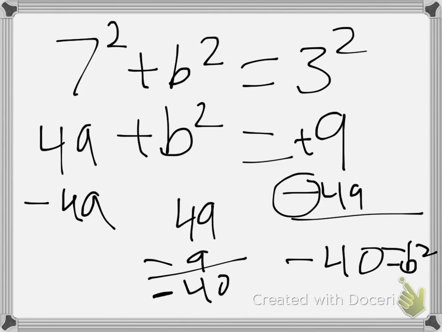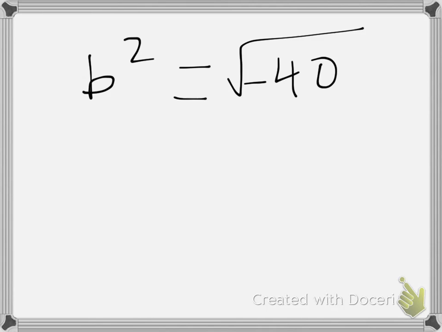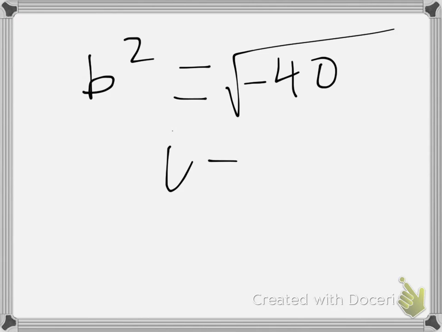So now we have B squared equals negative 40, so we need the square root of negative 40. In Algebra 1 and lower levels, this is just the final answer. It has no real solutions. So you're not going to get any real number or any positive or negative number. But there's a symbol known as i, which equals the square root of negative 1.